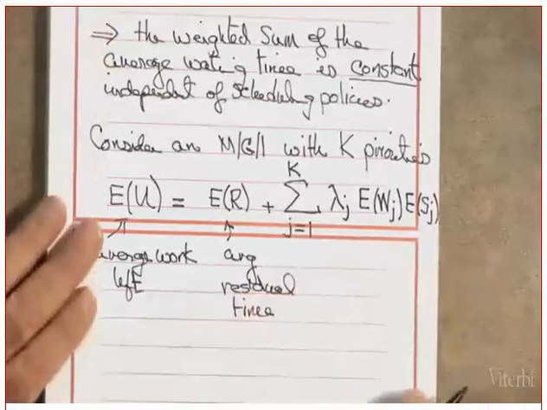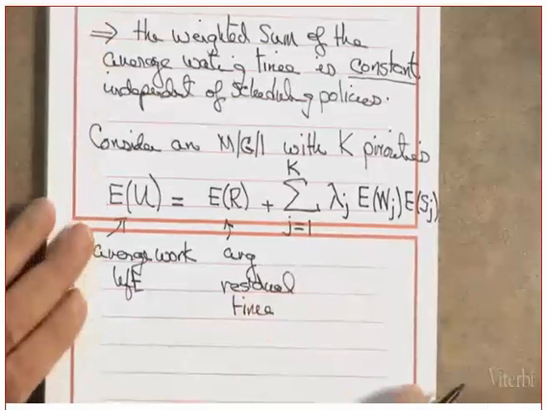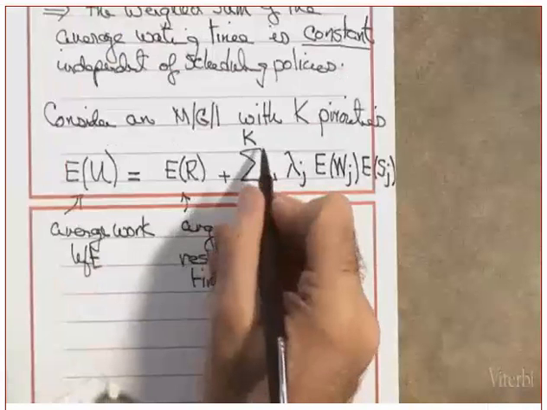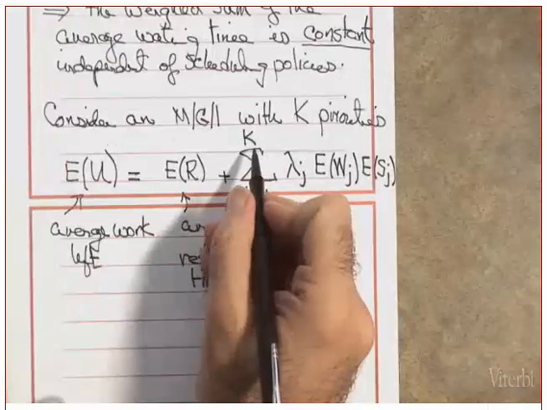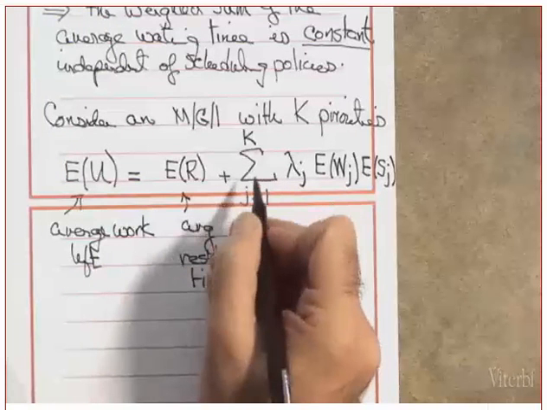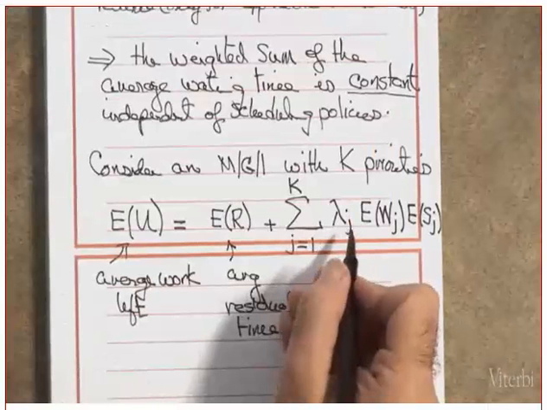Lambda J times E of S J. In other words, E of U equals E of R plus the summation J equal to 1 to K of lambda J E of S J. That's rho J.